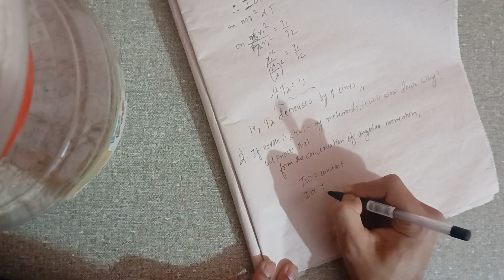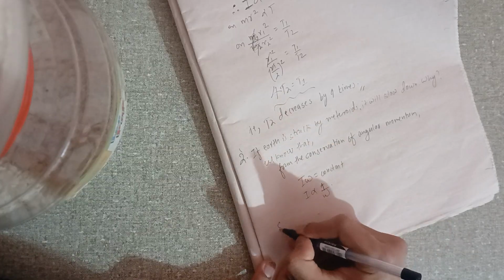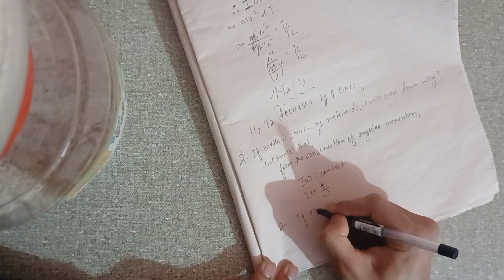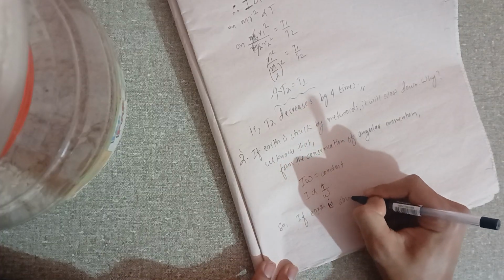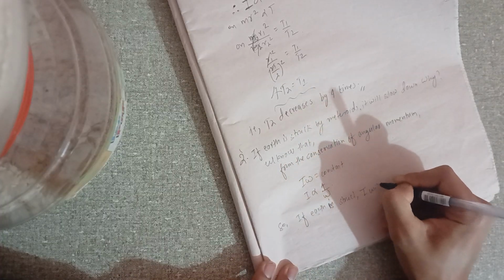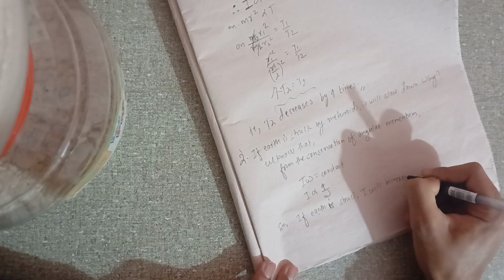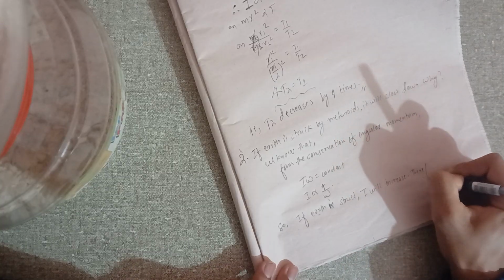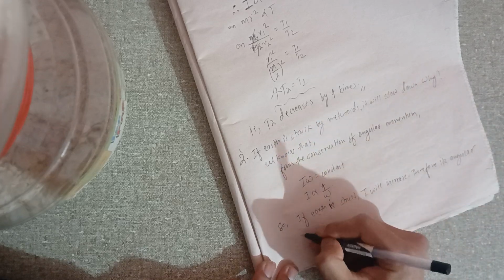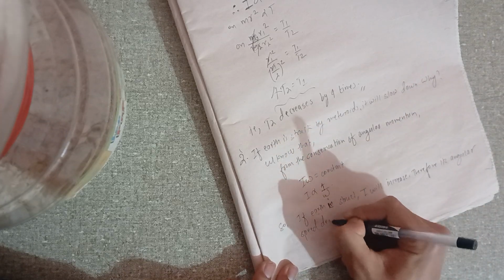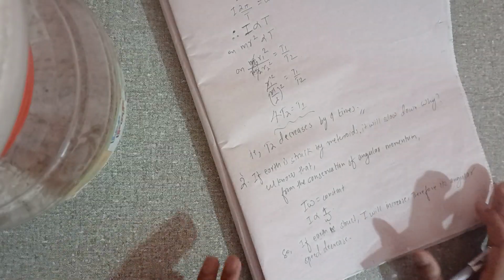That is, I is proportional to 1 by omega. So if Earth is struck, I will increase. Therefore, its angular velocity will decrease. Why that happens is the distribution of mass changes. That means both mass and the distribution of mass increase.